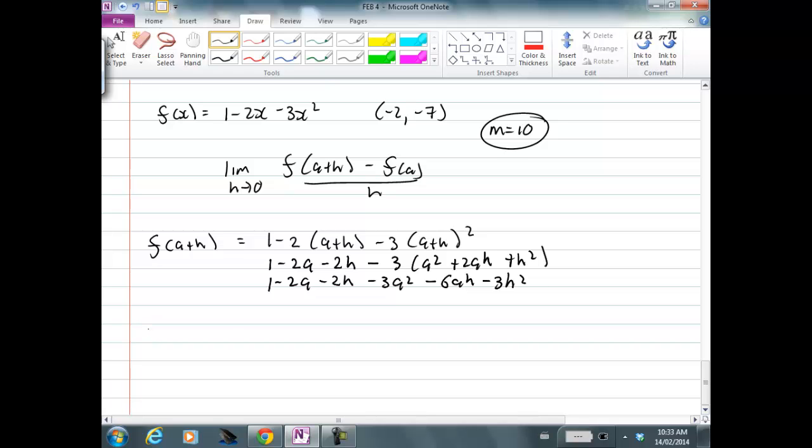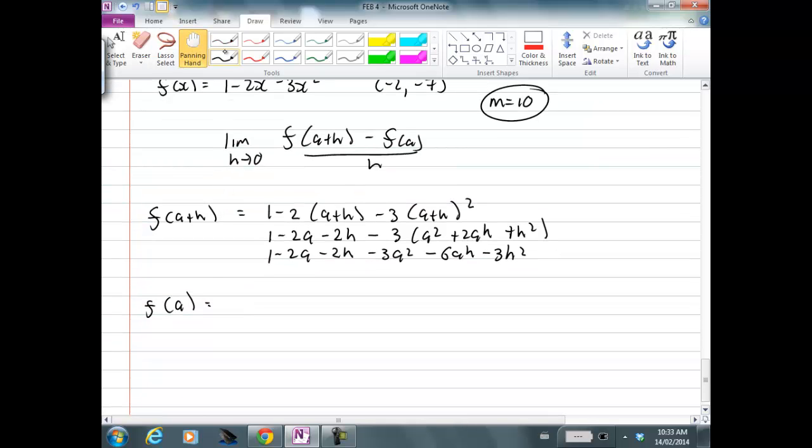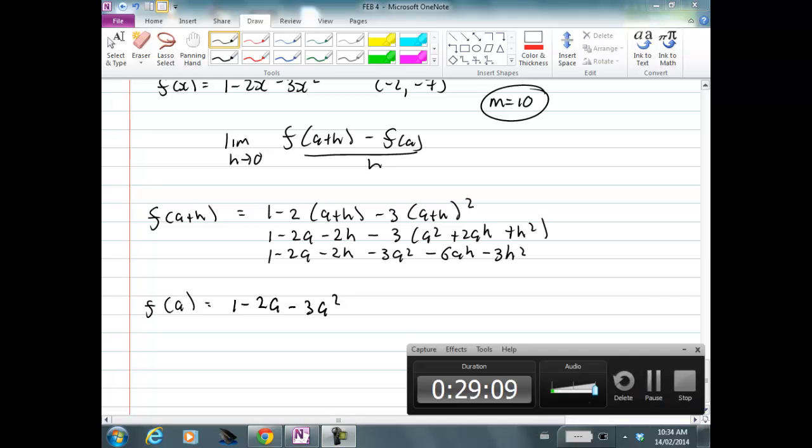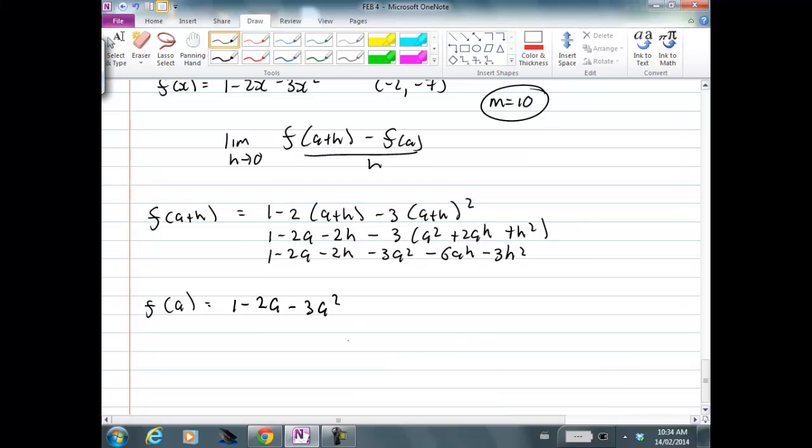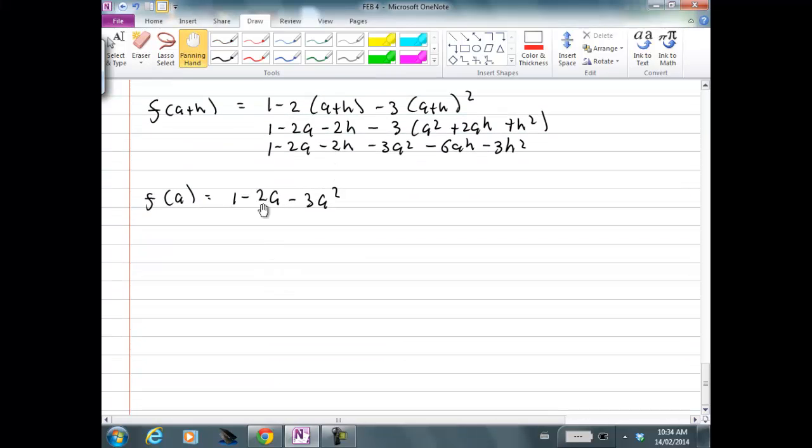Okay, now it's just the f of a. f of a really is 1 minus 2a minus 3a squared. I want you to merge those two equations together and put it over h. So I'm going to merge my two equations.